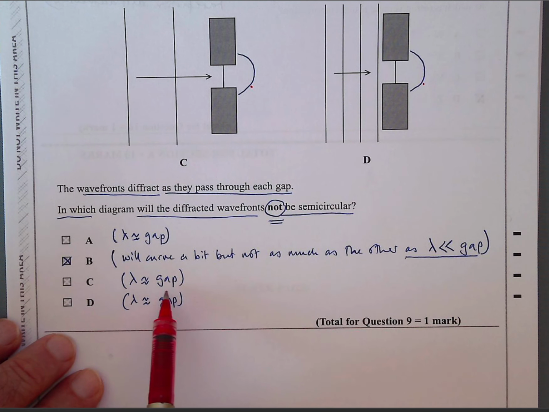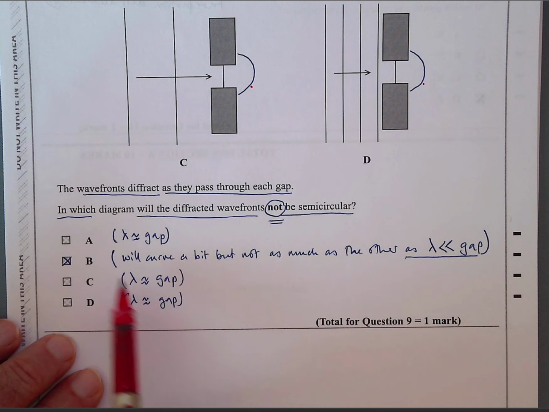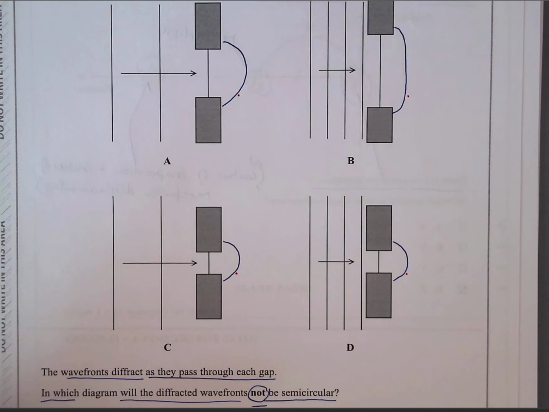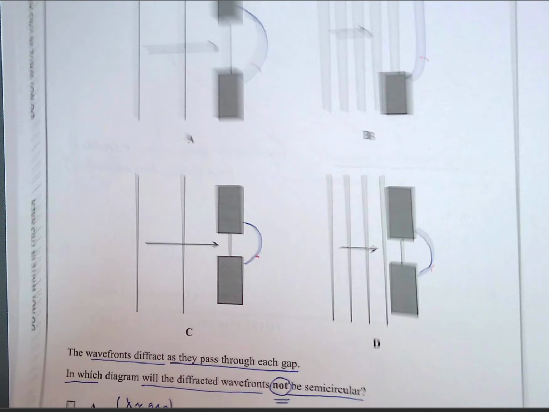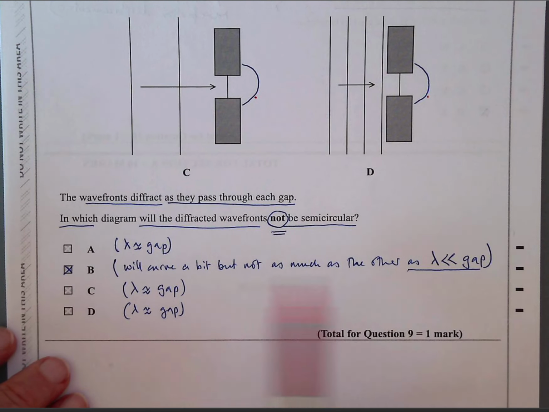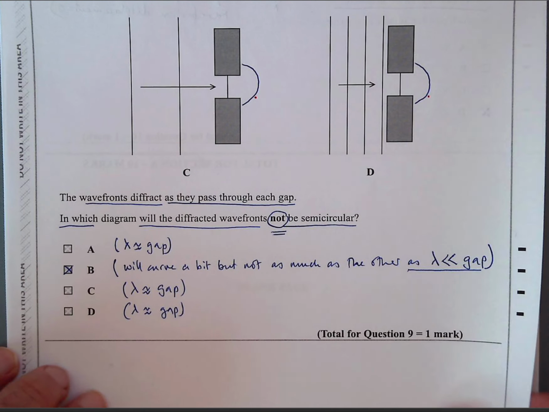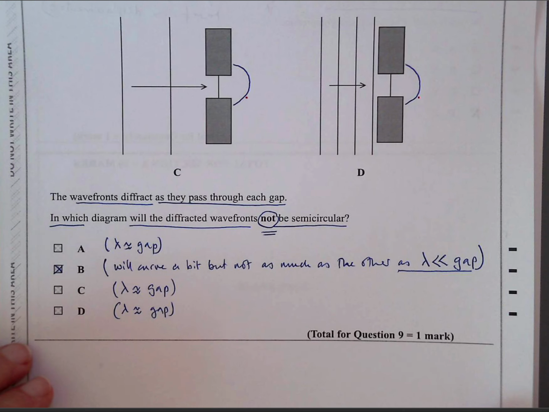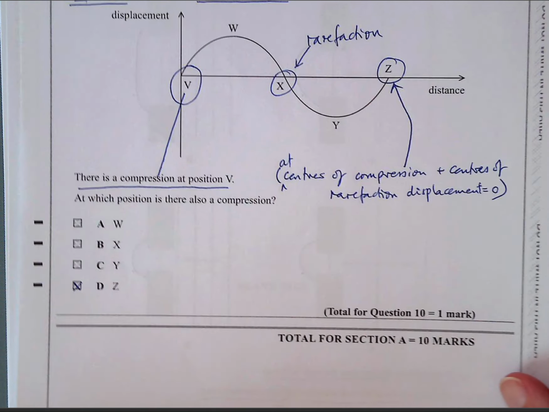For C, lambda also is approximately equal to the gap, as is D, whereas for B, the wavelength is not equal to the gap. The gap is much larger than the wavelength. So if lambda is much smaller than the gap, it will not curve the same amount and will not produce a semicircular pattern. Okay, that's question 9 done.